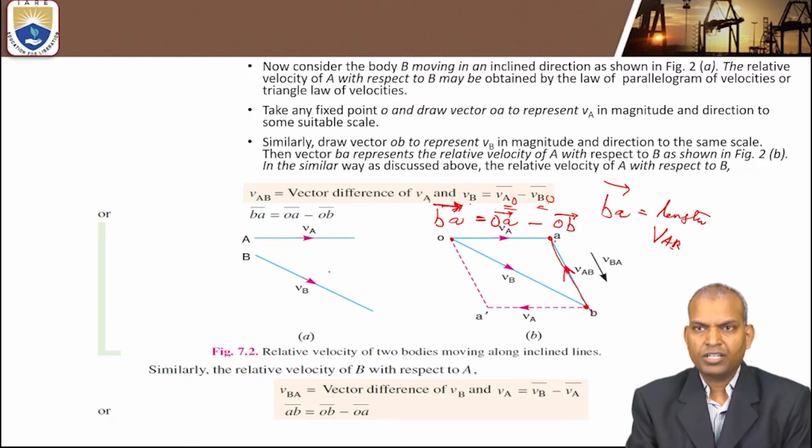That is the relative velocity, OA minus OB. We found the velocity of A with respect to B.